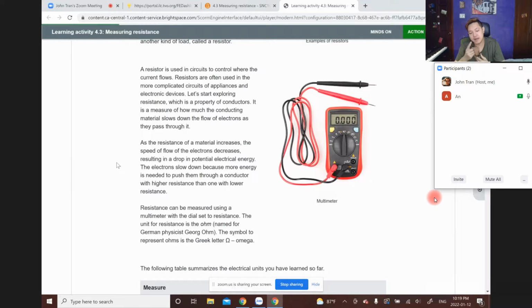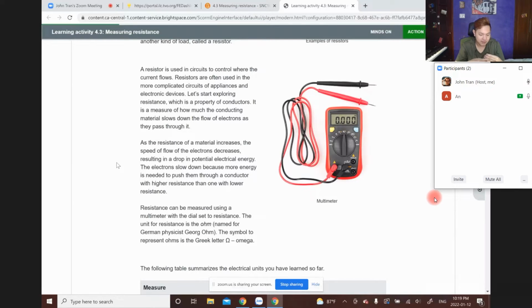Okay, just imagine it like a battle, like a war. If you have a place with high resistance, it means the enemy is resisting your force getting through, right? So you have to commit more soldiers, more weapons, more airplanes, more tanks in order to advance, right? The same thing happens here.